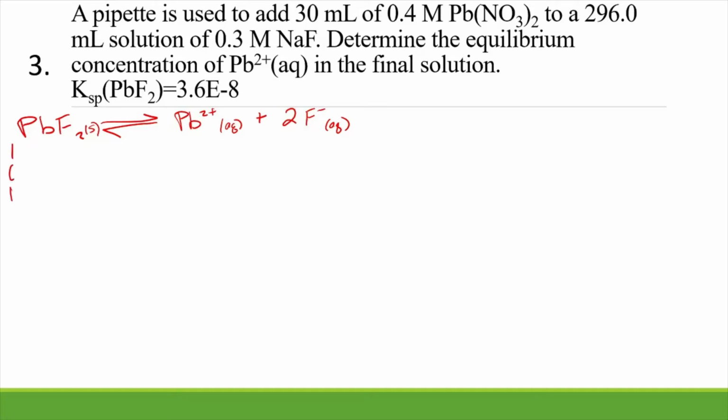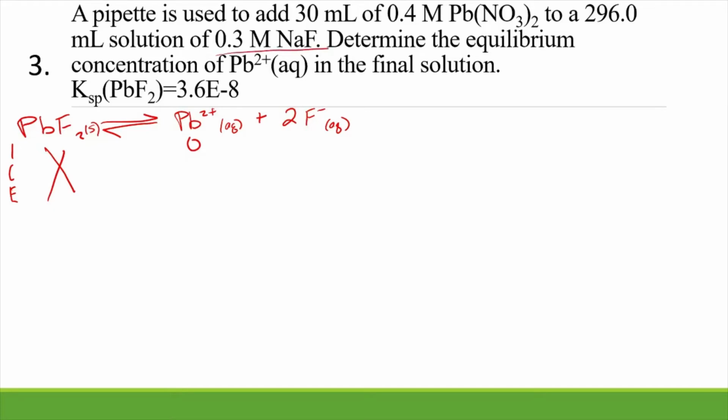So if we look at our ice table, lead fluoride doesn't work. We're starting with 0 lead, but we're not starting with 0 fluoride. Okay? Because we actually are adding stuff to sodium fluoride here.